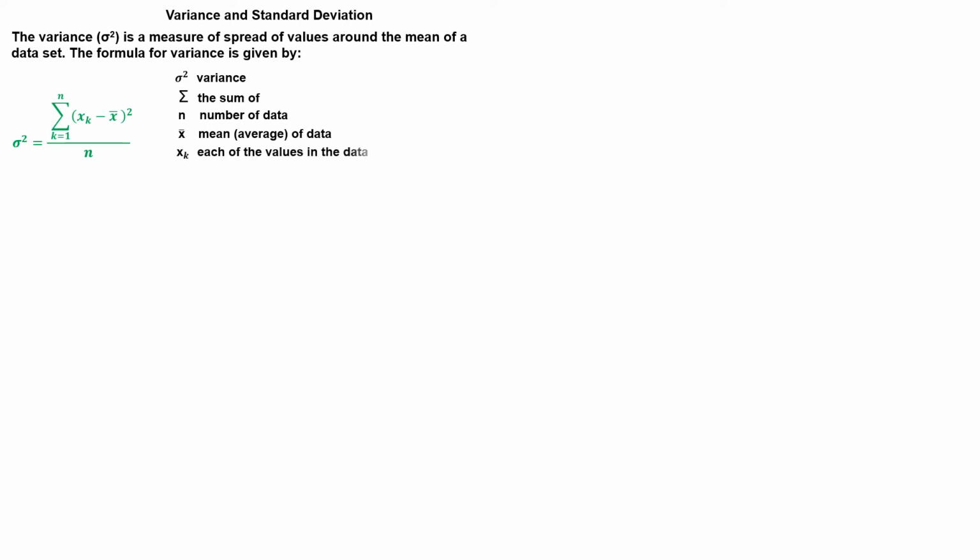The formula for variance is given by sigma squared equals the sum over n data points of (x sub k minus x bar) squared, divided by n. Sigma squared is the variance, the summation is over the n data values, x bar is the mean average of the data, x sub k is each of the values in the data, and x sub k minus x bar is the deviation of a data value x sub k from the mean x bar.